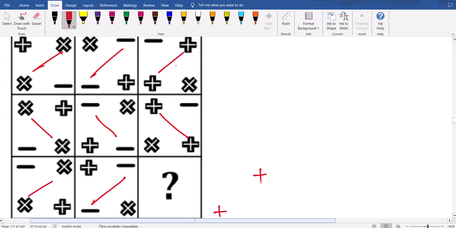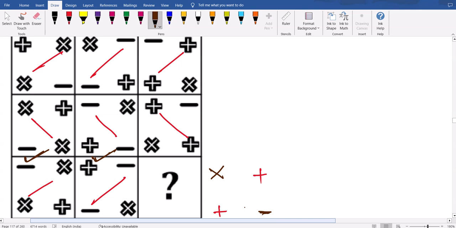Next one, what should be here? What should be top left? Already minus came, plus came. Top left already minus occurred, plus occurred, now the into mark is required. And this bottom right side minus. So diagonally plus, top left into, bottom right minus.